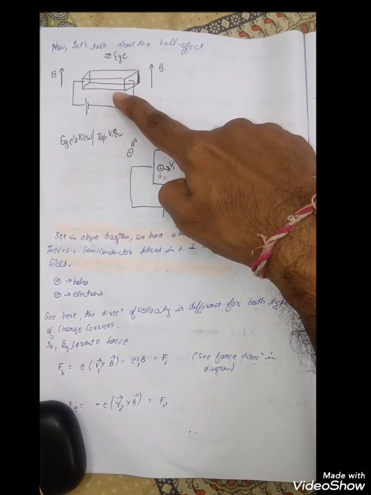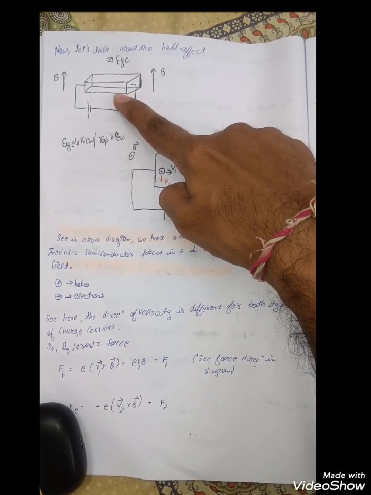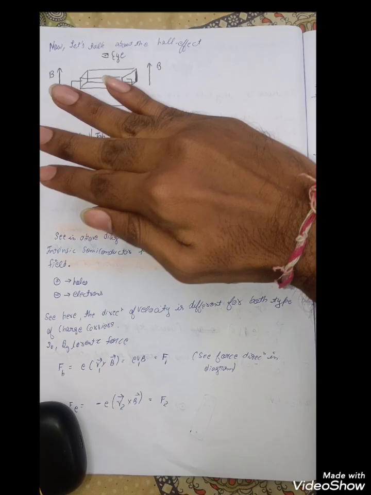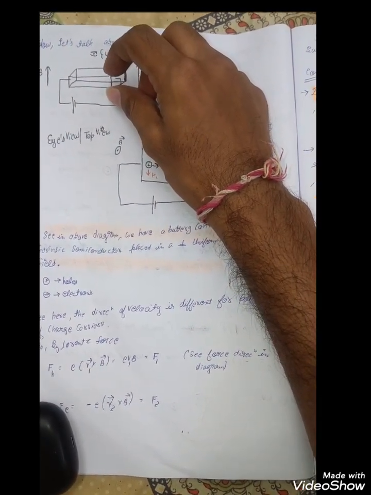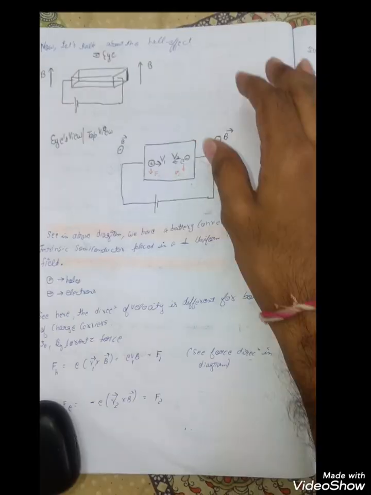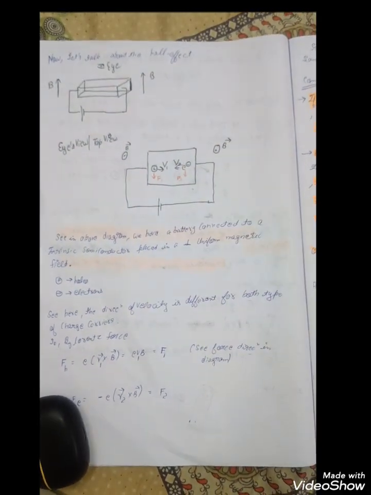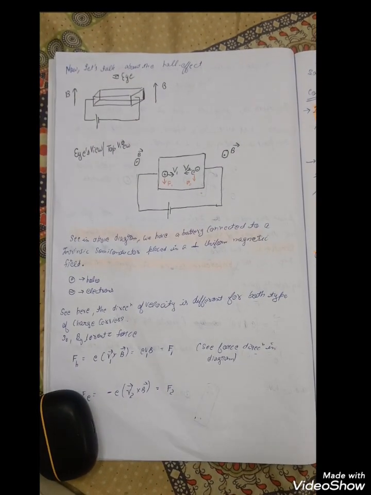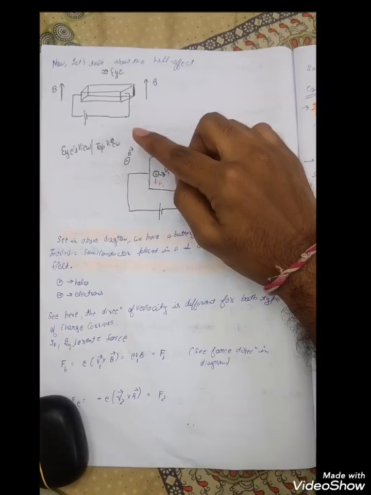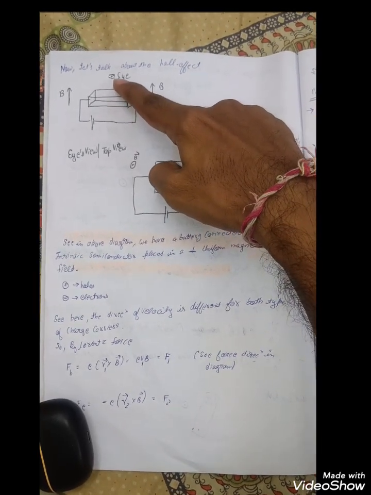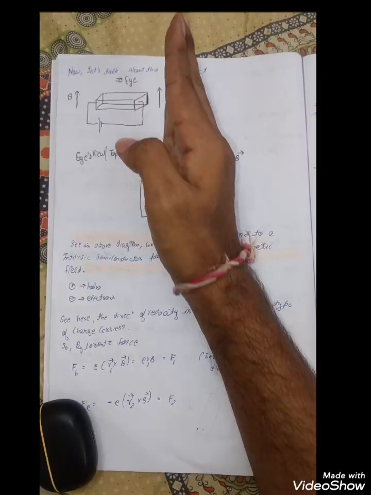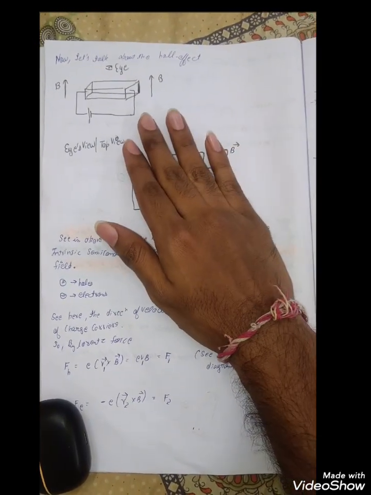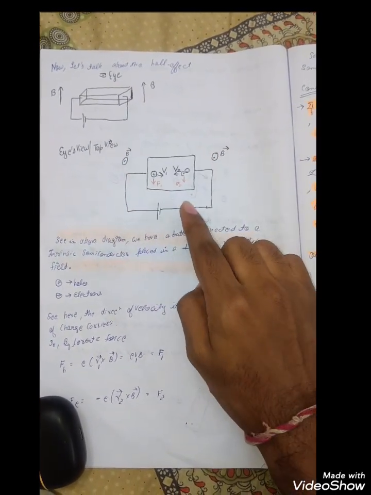This is a box, or a small flat surface, having very small height but a good width. This is our eye at the top, and the magnetic field is in the upward direction. This is a simple construction of the Hall effect we all see.